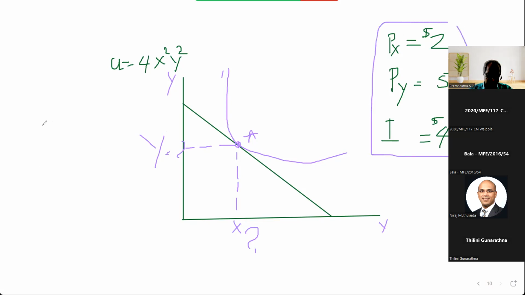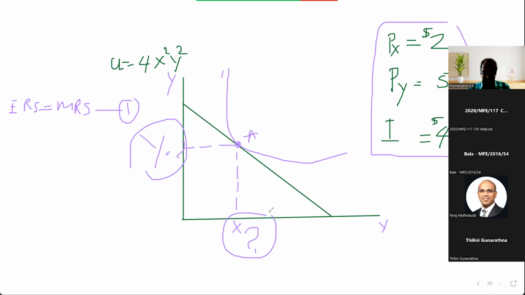For that, we have to look at the first order condition: the price ratio must equal MRS. With that, you can find the answer. Next week when we start, show me the result: how many units to buy from Y and how many from X. I will continue from this point next week.